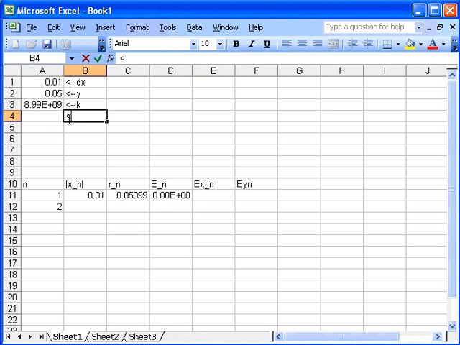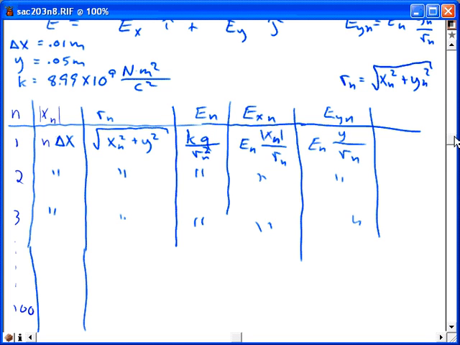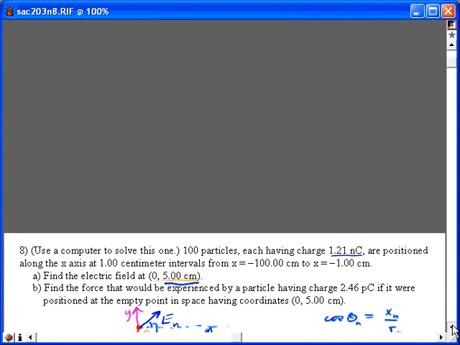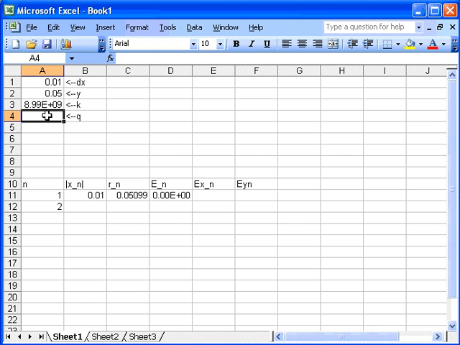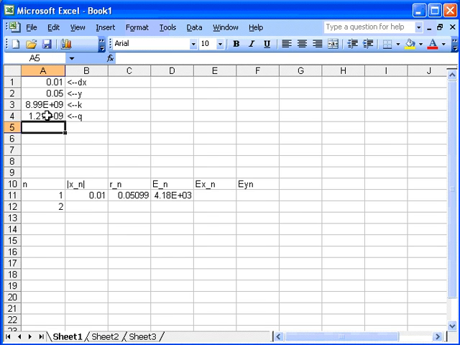Okay, I need to put Q in. Call that Q. See what Q is. They did all have the same charge. 1.21 times 10 to the minus 9th coulombs equals 1.21 E minus 9, where the E means times 10 to the... Alright, that changed that.